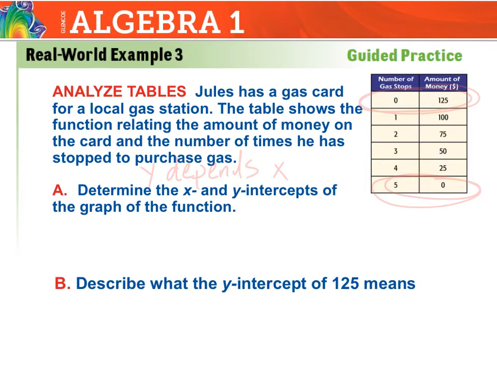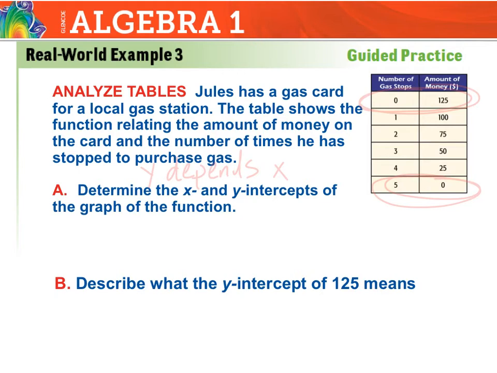So then you just have to figure out what you have going on. So it says the table shows the function relating the amount of money on the card and the number of times he has stopped to purchase gas. So does the amount of money depend on the number of times he stopped for gas? Or does the number of times he stopped for gas depend on the amount of money?